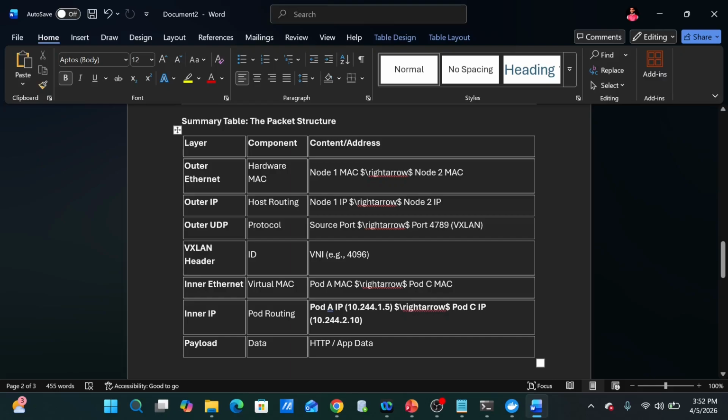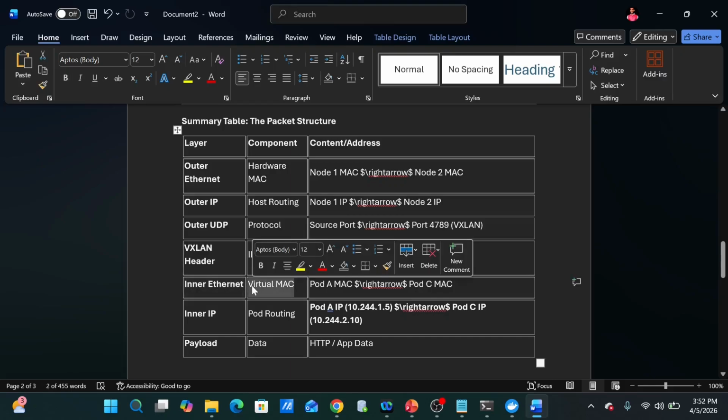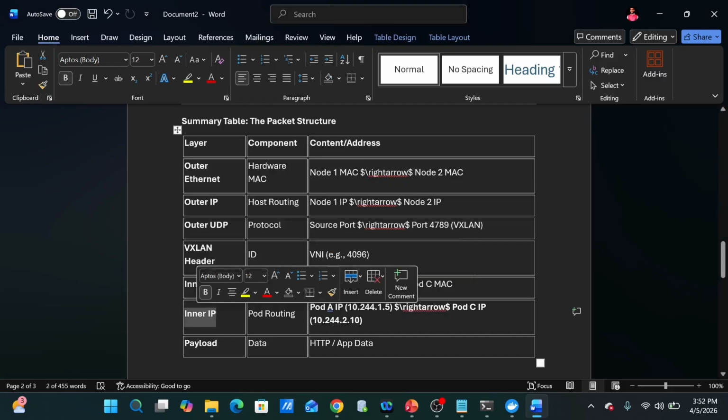Okay, so now the inner Ethernet comes into the picture. That has some virtual MACs, like the pod MAC. And now the inner IP will be exposed when encapsulation and decapsulation happen. Now it knows where you have to route that.